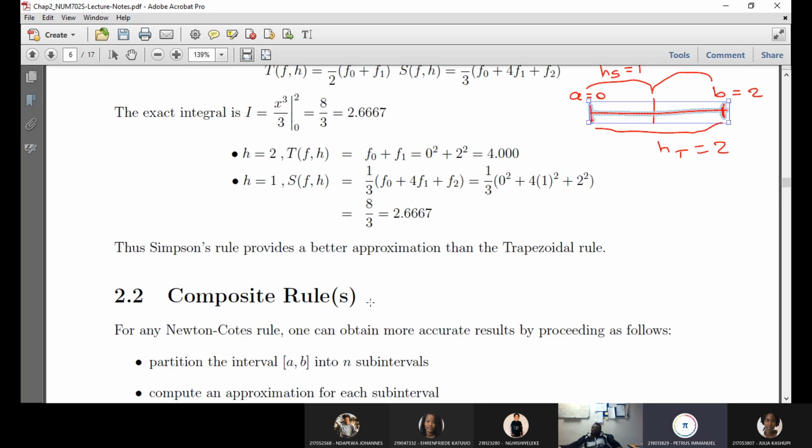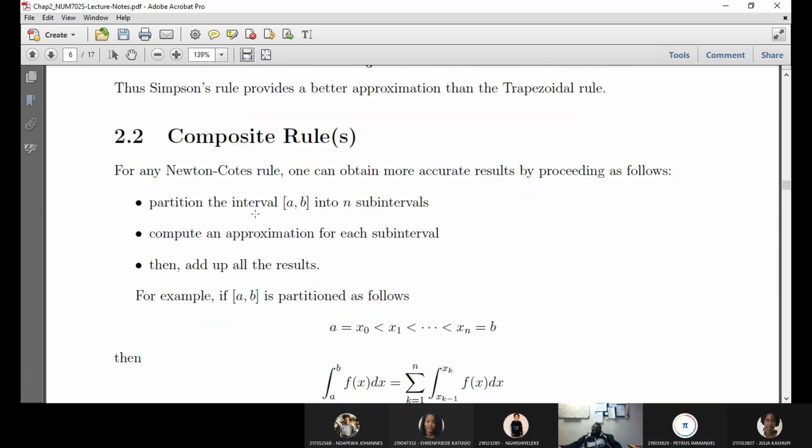So for the composite rule, this is the idea behind it. For any Newton-Cotes rule, which means trapezoidal, Simpson, Boole's rule, all those, one can obtain more accurate results by proceeding as follows. Exactly as I said, you partition your interval AB into n subintervals, and you compute an approximation on each subinterval.